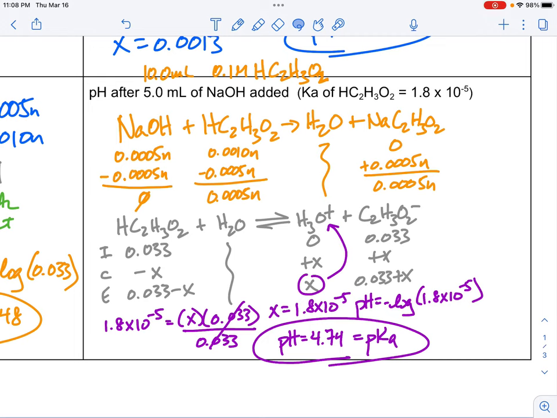And so we have the same concentration of base as we do our acetic acid, and we now have added half the volume, so that's half the number of moles, so we are halfway to the equivalence point. And again, this idea down here at the bottom, that halfway to the equivalence point, the pH is equal to the pKa, that's a really, really important idea.